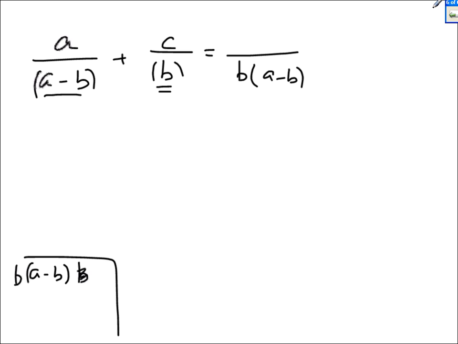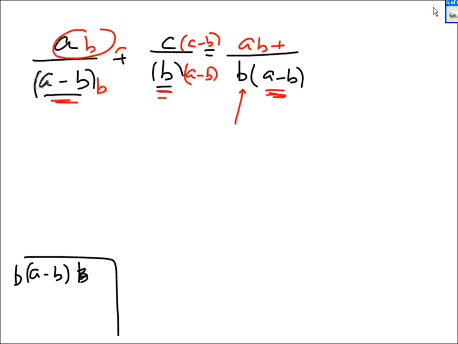Well, the first fraction, it has the a minus b. Here it is. It just needs the b. So multiply top and bottom by b. The second fraction, it has the b. It needs a minus b. So multiply top and bottom by a minus b. So you get ab for the first fraction, ab plus ca.